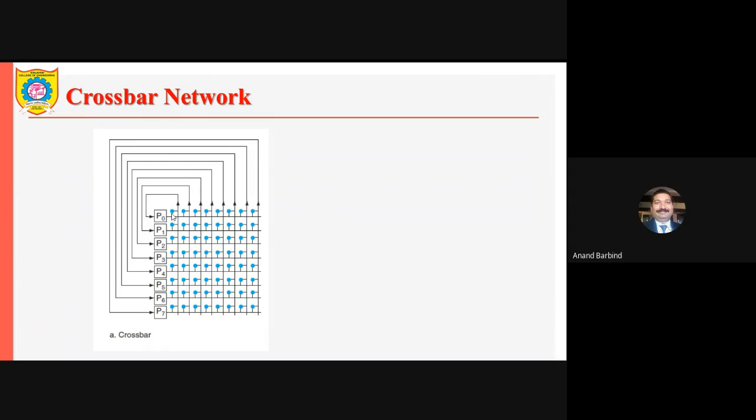So with this particular crossbar network, it is possible for any processor to connect with any other processor.